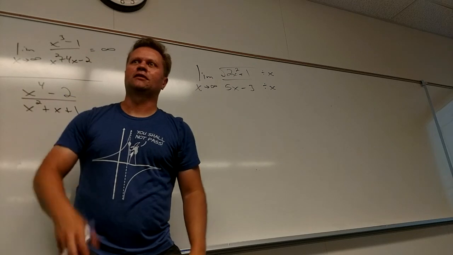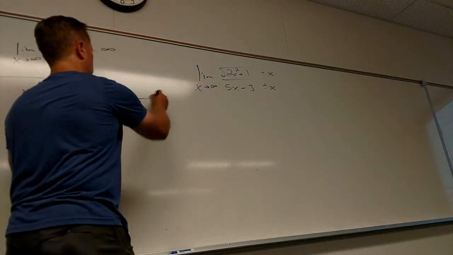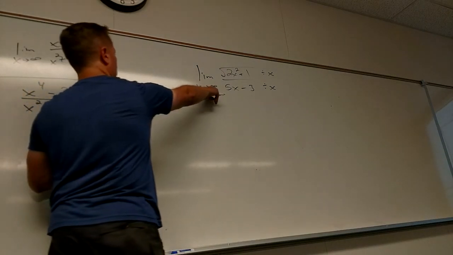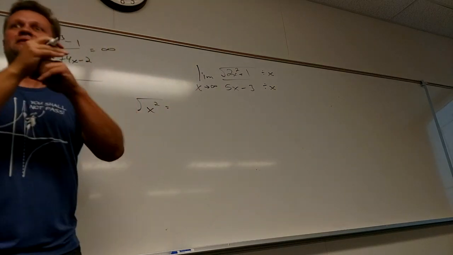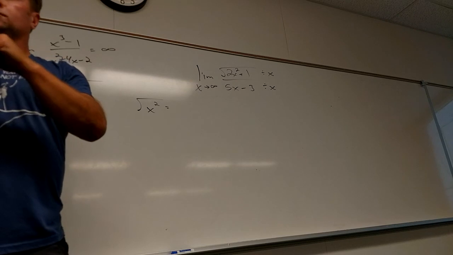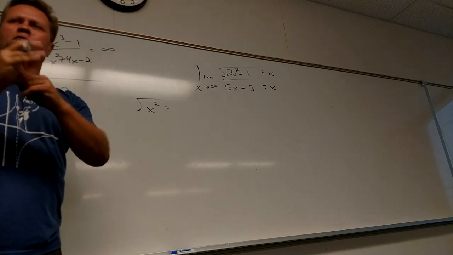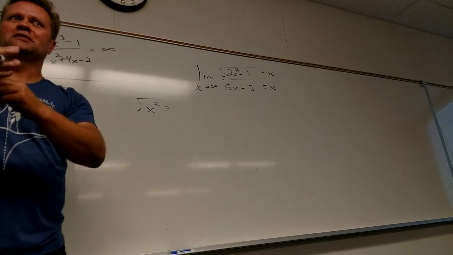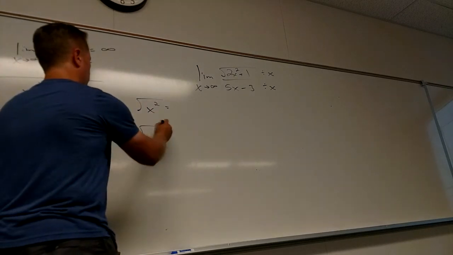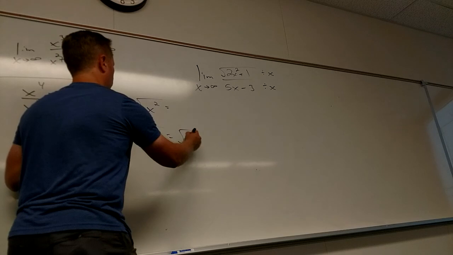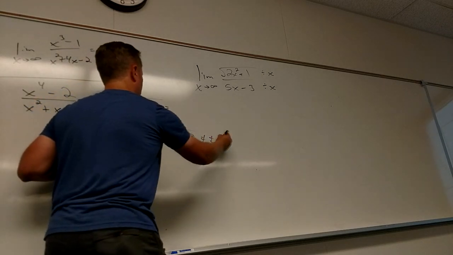In general, the square root of x squared is really what? What's the square root of x squared in general? It's not x. Plus or minus x? Sort of, but officially, what is it? Don't say plus or minus x because that's not true. The square root of 9, which is square root of 3 squared, is not plus or minus 3, right?